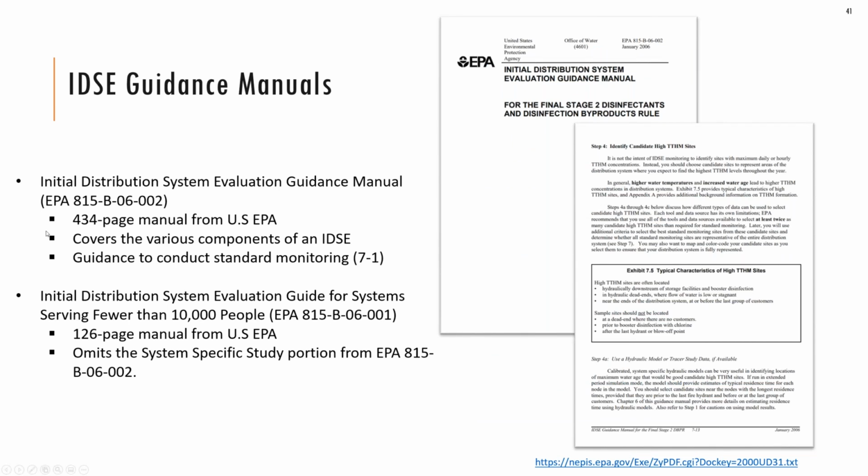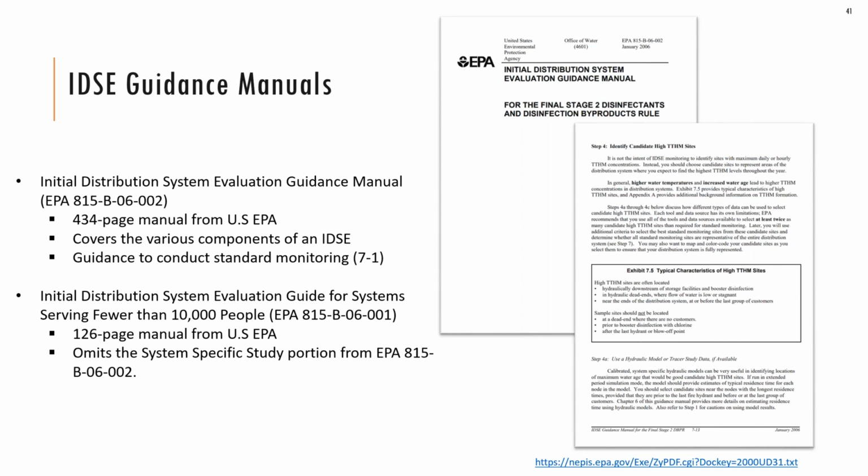So before water systems can begin compliance monitoring, systems are required to complete an initial distribution system evaluation. I included this slide because, again, I was surprised to see there are actual violations regarding the IDSE. So systems might still be required to know these IDSE requirements.